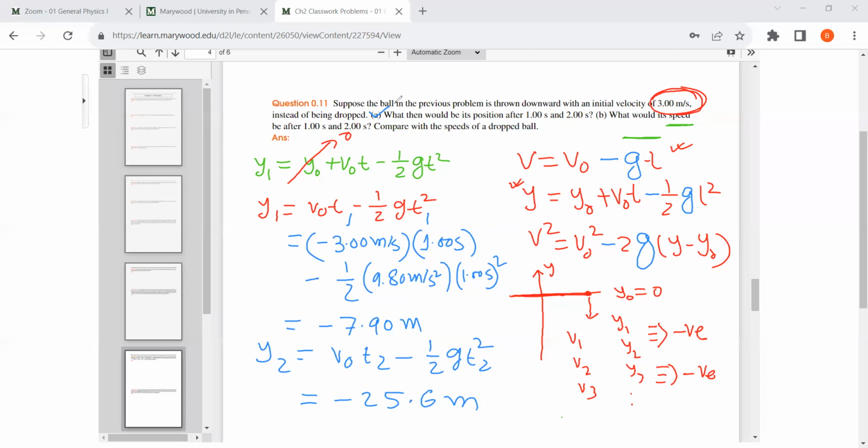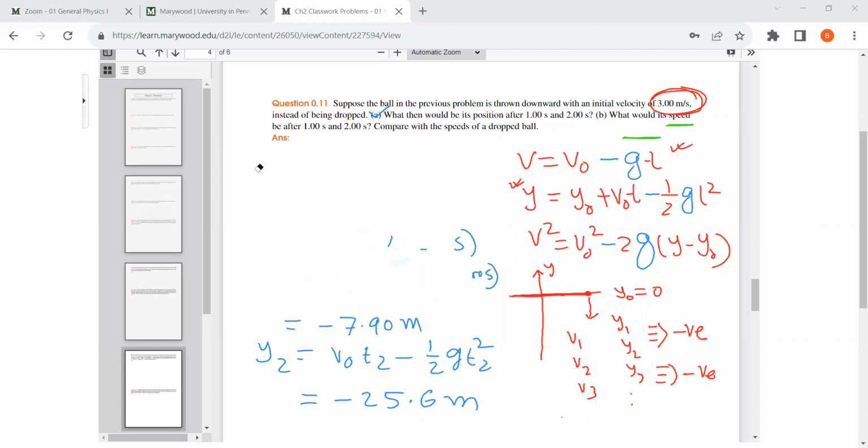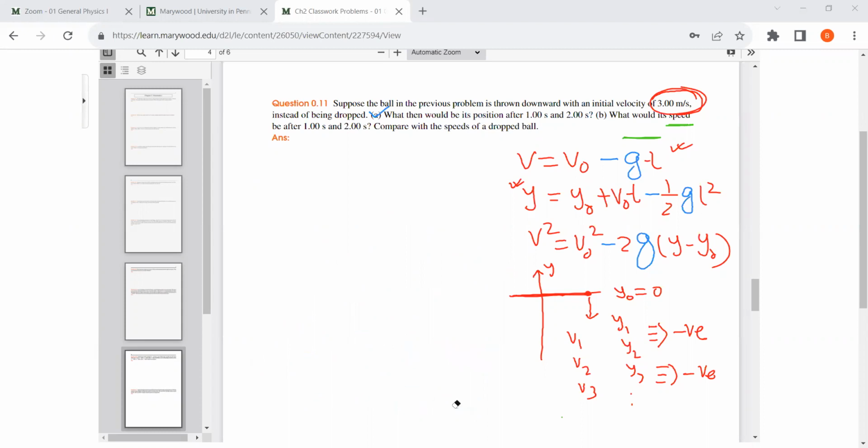Okay, so let's calculate this. Again, for speed we will be using the first equation, similar to problem number 10, but here we have to be careful about the initial velocity. So v1 will be v0 minus gravitational acceleration times t1.